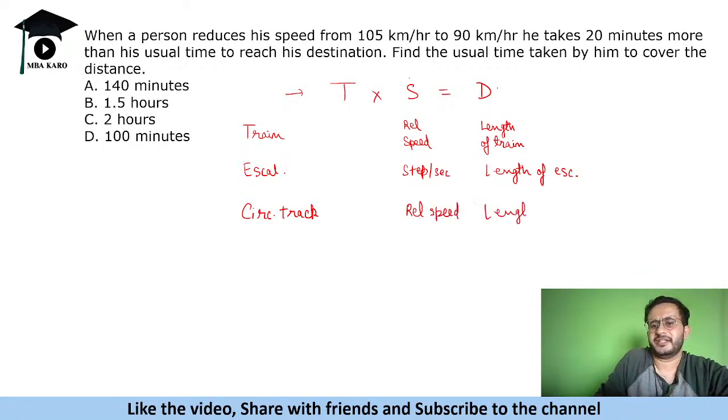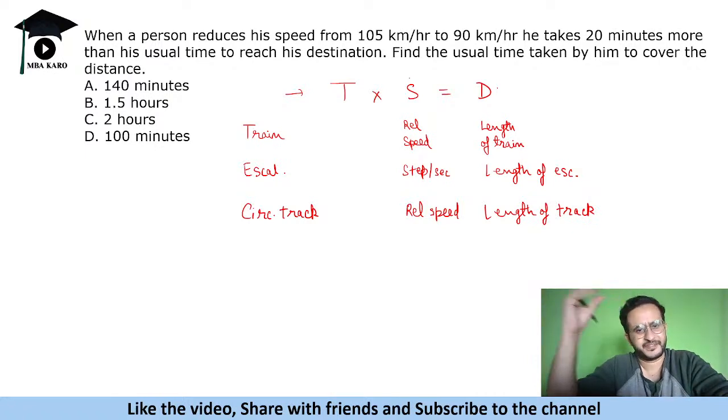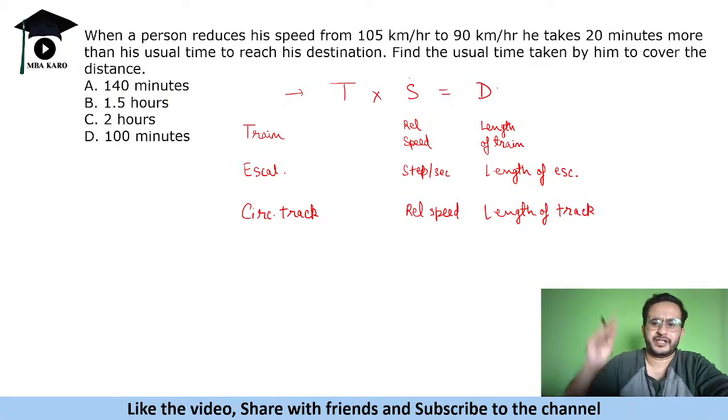Distance is the length of the track. So the basic concept is time into speed is distance. The definition of distance may change in different scenarios. All right, let us solve this question.